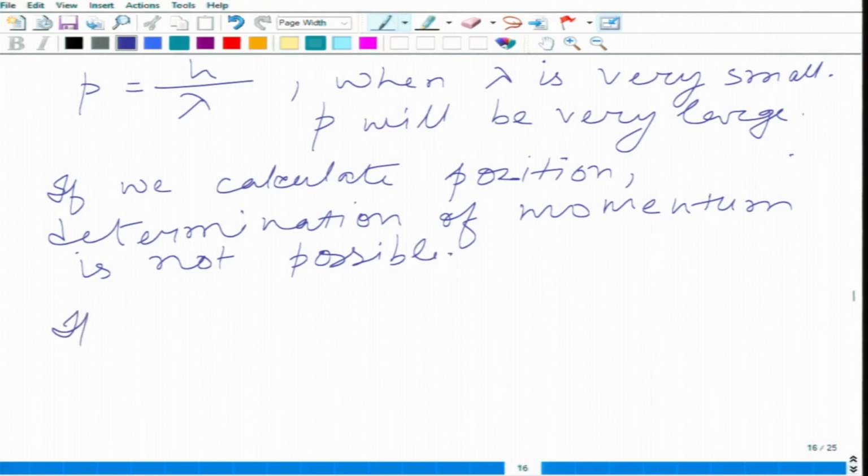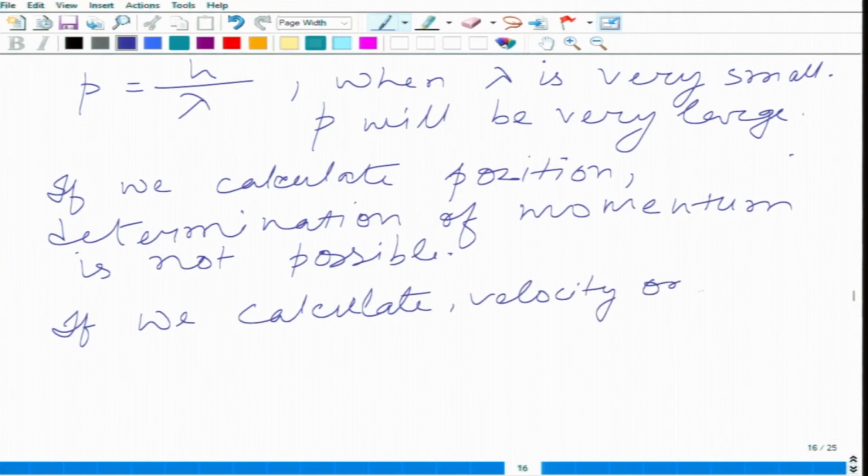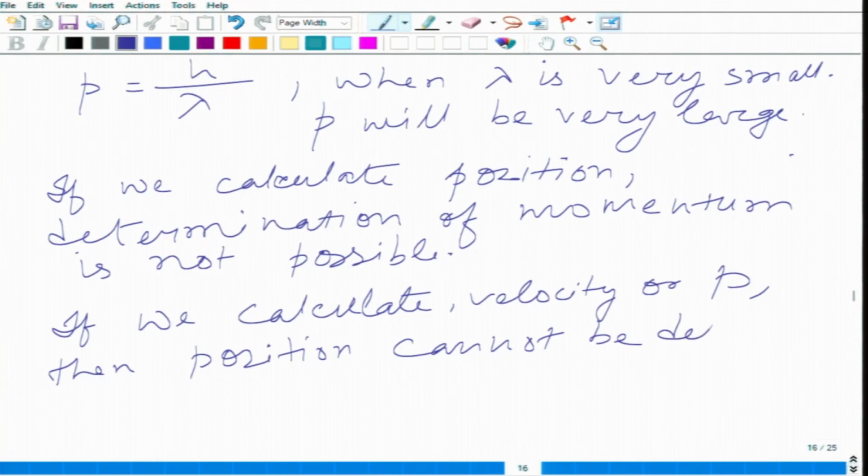And if we try to determine the velocity or momentum, then position cannot be determined accurately.